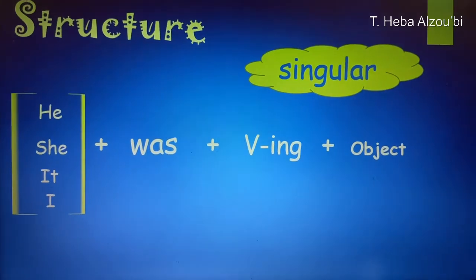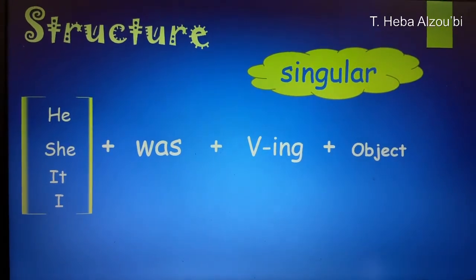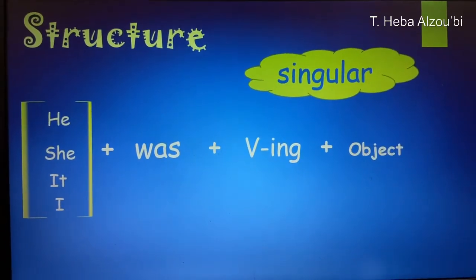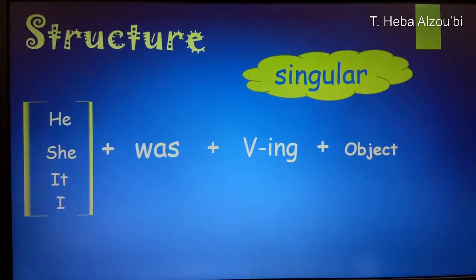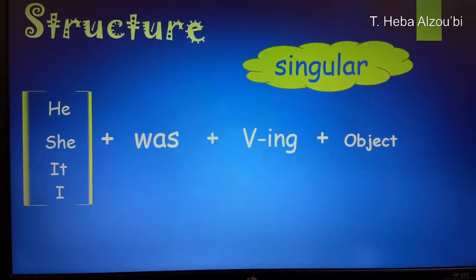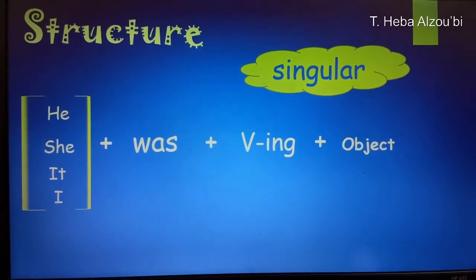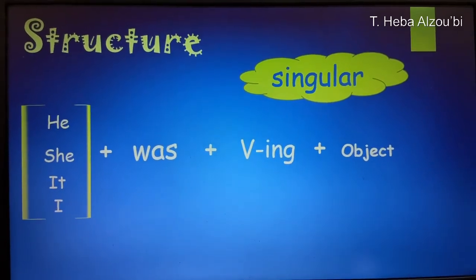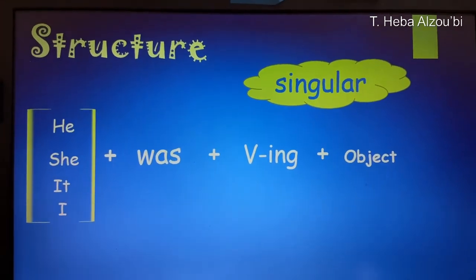He, she, it, I. We should use the verb to be, was, and the main verb should be continuous, or ing, plus the object. So he, she, it, and I plus was and the ing form of the verb plus the object.